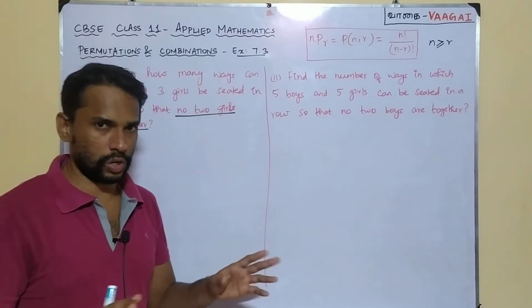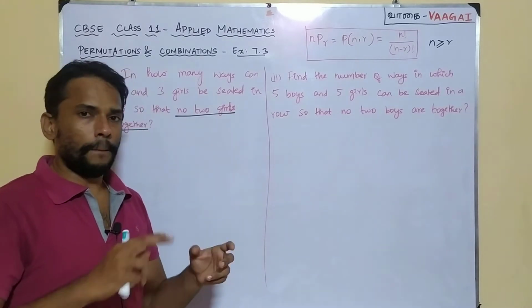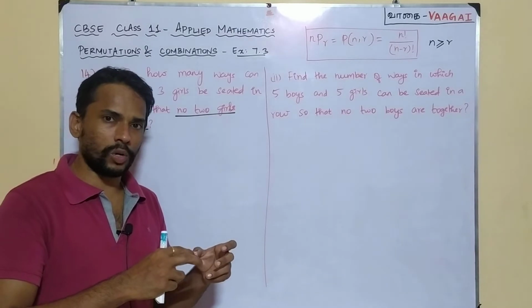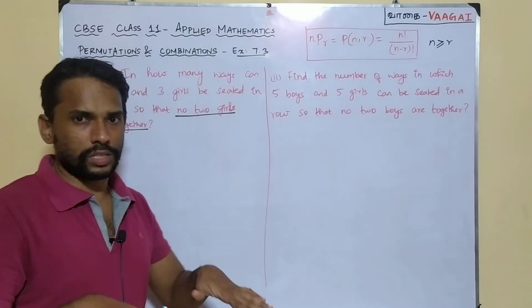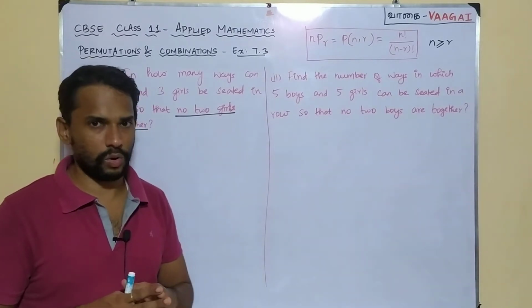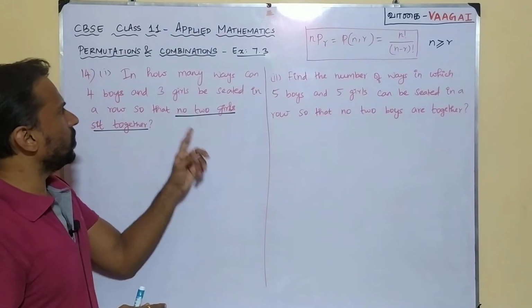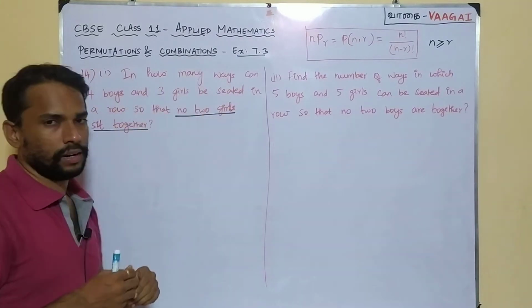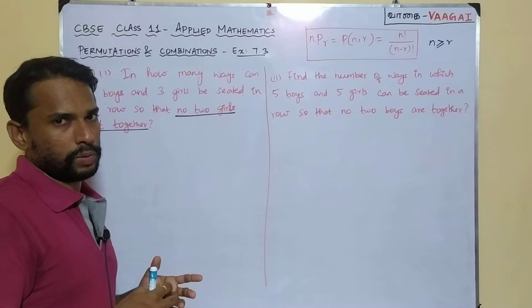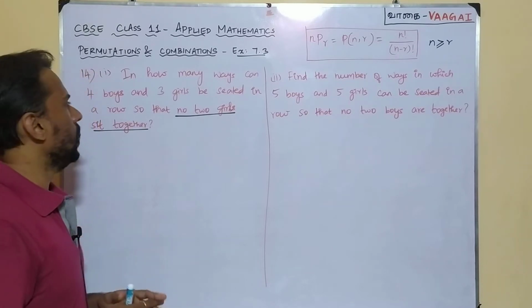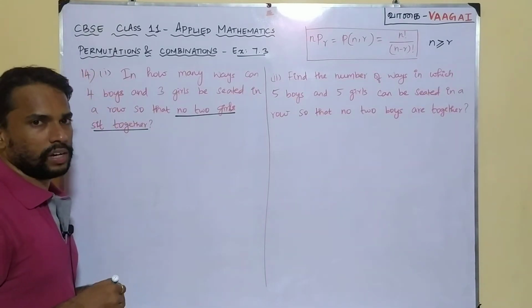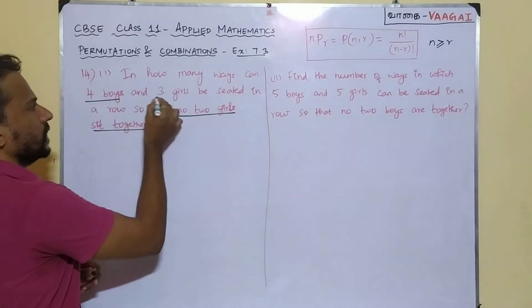That means definitely between two girls there should be at least one boy sitting. In this way, in how many ways can this arrangement be done? This is the question. There are 4 boys and 3 girls.